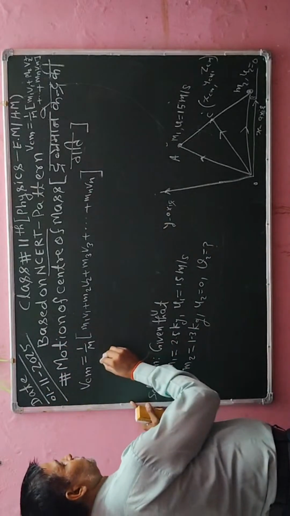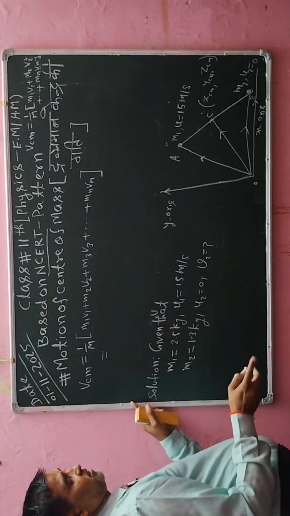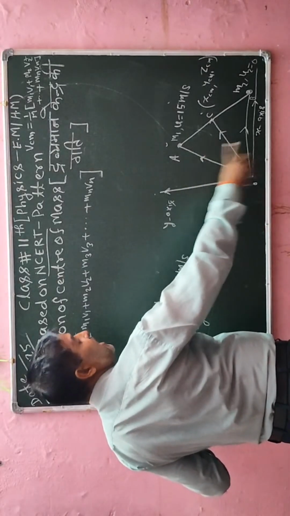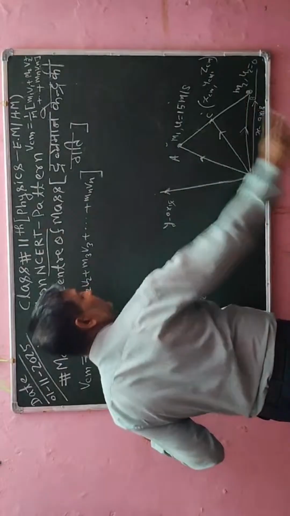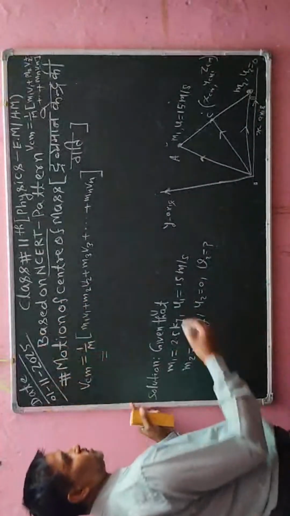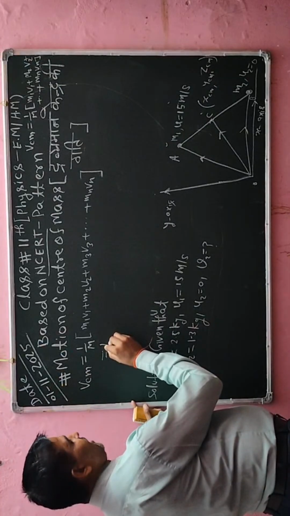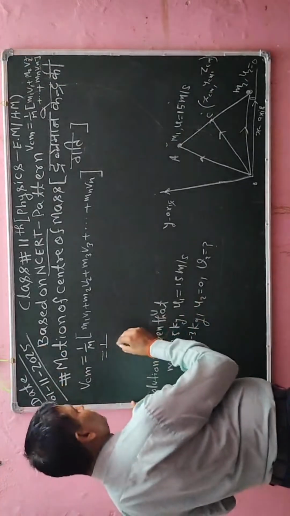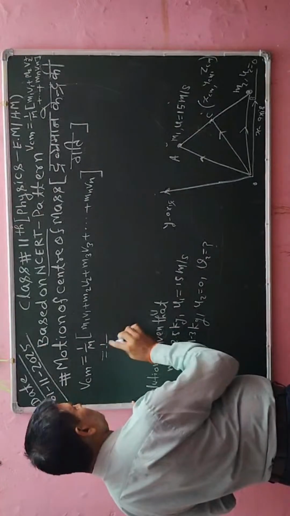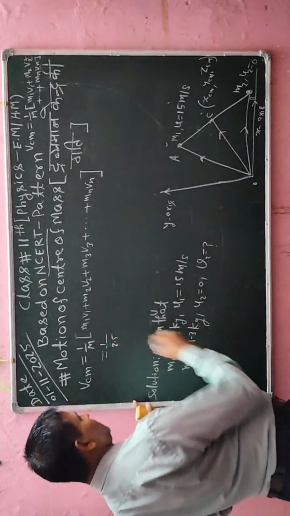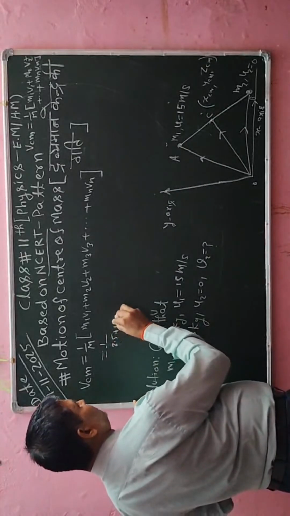Now here there are two objects, one object located at point A and the second object located at point B. So I will substitute their values. Here for M, one mass is 2.5 kg and the other mass is 1.3 kg.